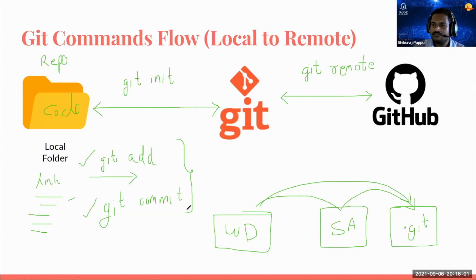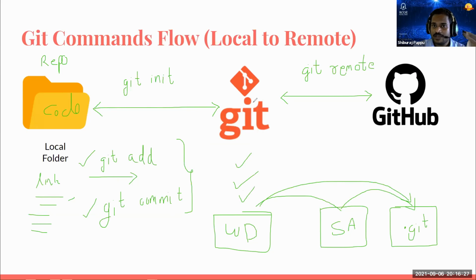Whenever you do changes, do git add, then git commit. These two commands you have to do continuously whenever you do any changes to your code. Whenever you want to save your code, you do git add and git commit. As soon as you do this, all the data is stored inside Git.